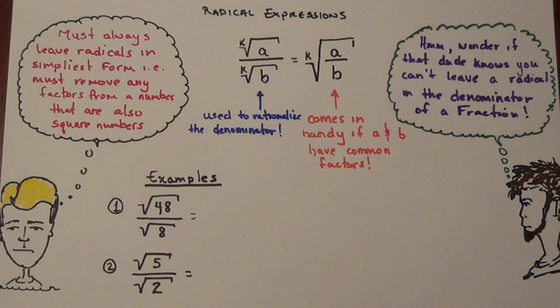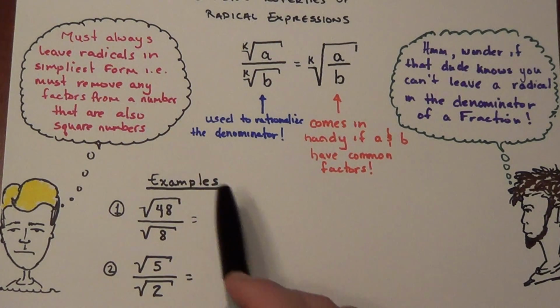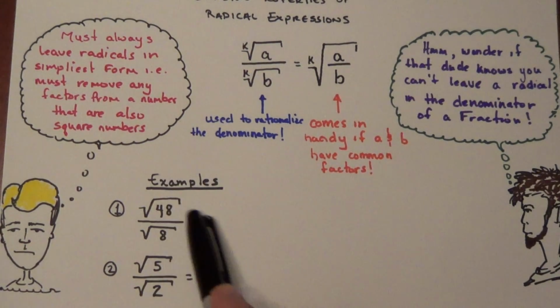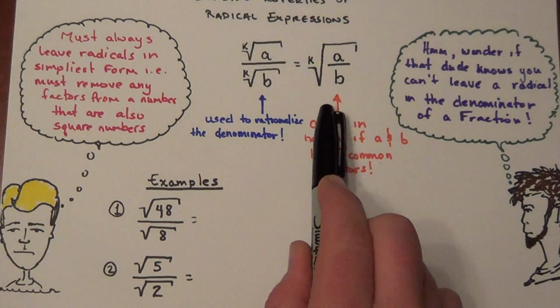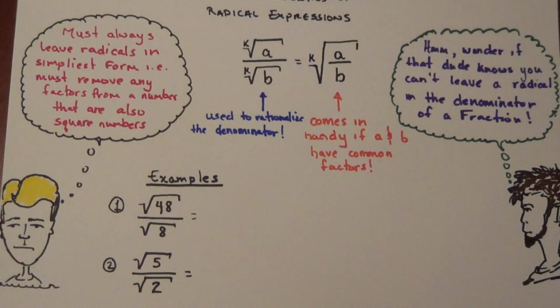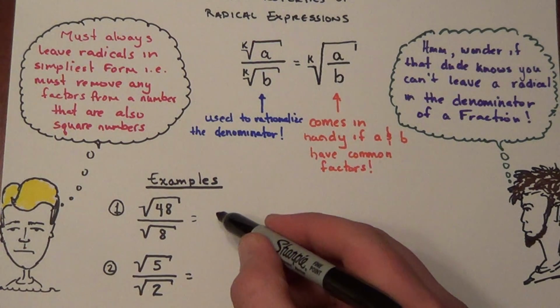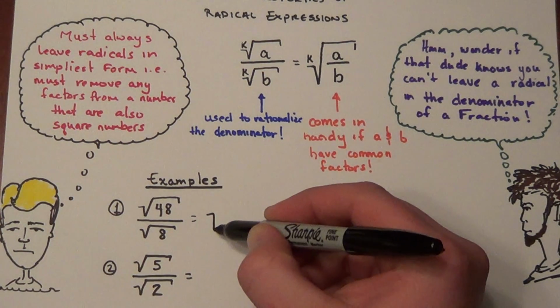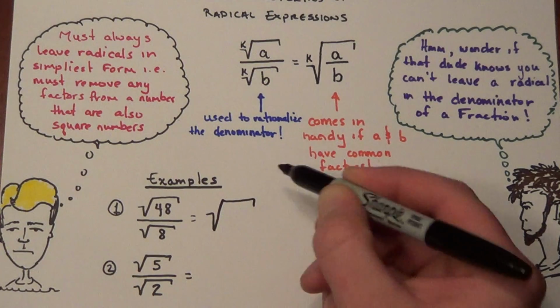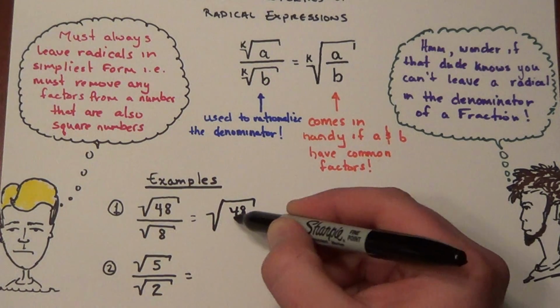And in this case, yes, we can. So, because I'm taking a square root, I want to utilize this one. And basically, this one says that I can then rewrite this as simply the square root of 48 divided by 8.